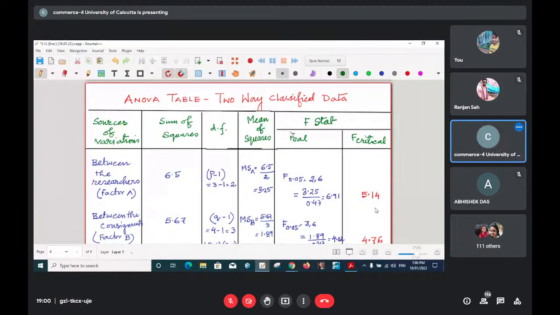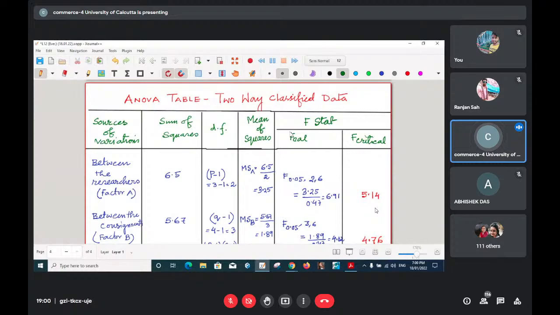So first is sources of variations. Second one is sum of squares. Third column is degrees of freedom, DF. Fourth column is mean of squares. And last column is divided into two parts, F statistic.